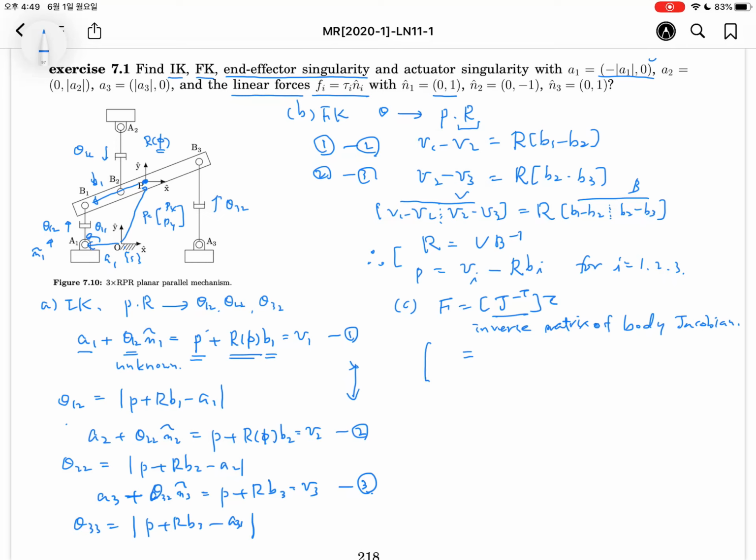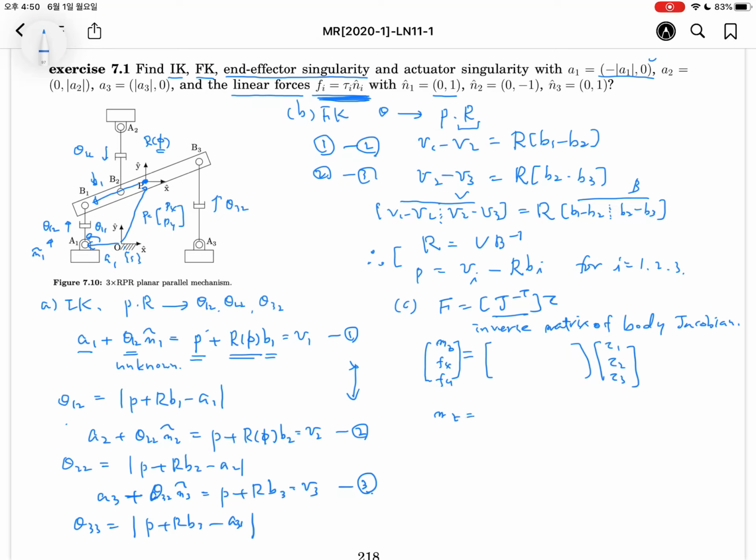Here the wrench in the planar case will be denoted by mz, the moment in the z direction, and fx and fy. This will be the planar wrench, with the Jacobian and the linear forces tau 1, tau 2, and tau 3.